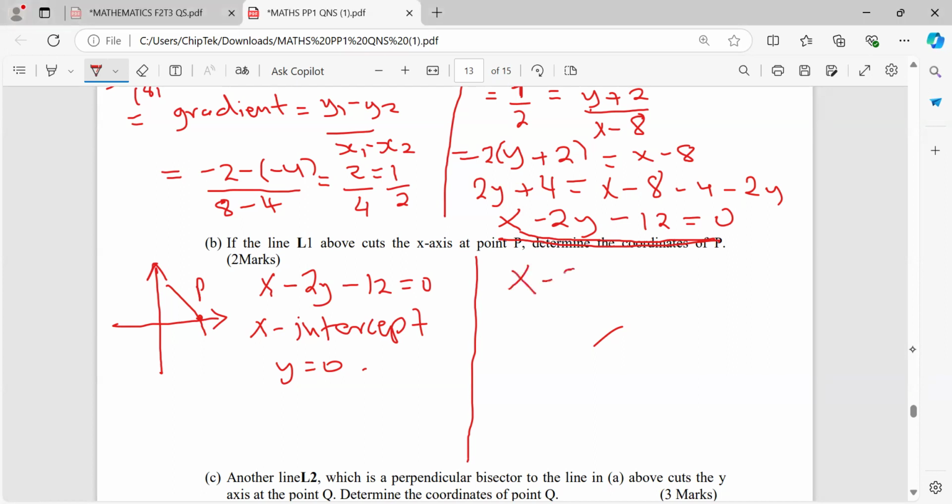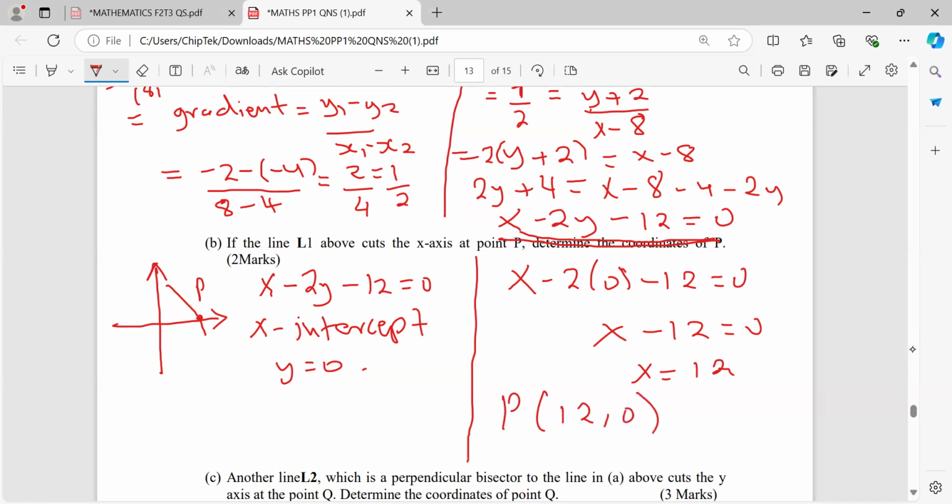So x minus 2 times 0 minus 12 equal to 0. So x equal to, itakuwa minus 2 times 0 ni 0. Wakiwa na minus 12 equal to 0. So x equal to positive 12. So your x-intercept ama hiyo P itakuwa ni (12, 0). So tayari hiyo answer yetu.